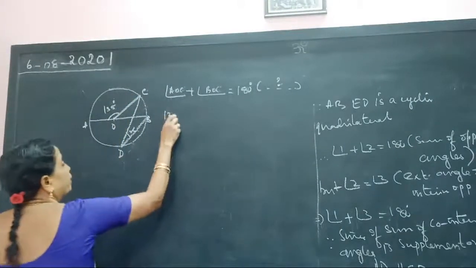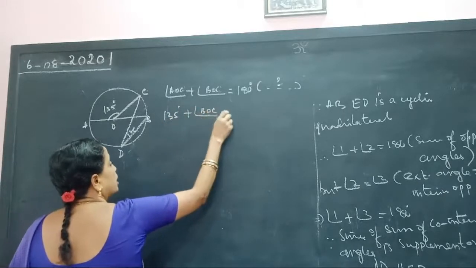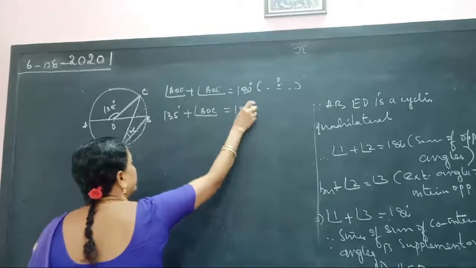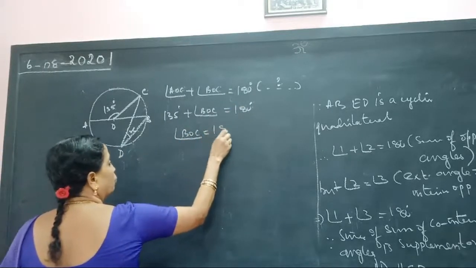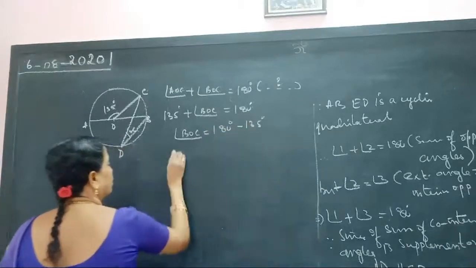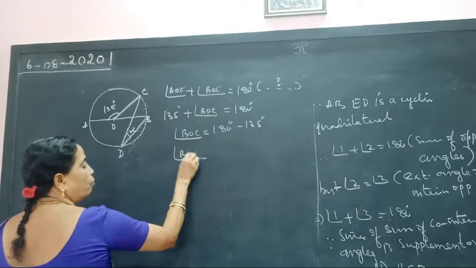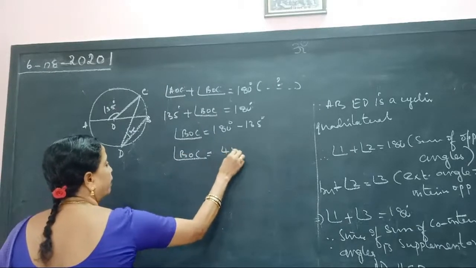Therefore, 135 degree plus angle BOC equals 180 degree. Angle BOC equals 180 degree minus 135 degree. Angle BOC equals, what do you get? 45 degree.